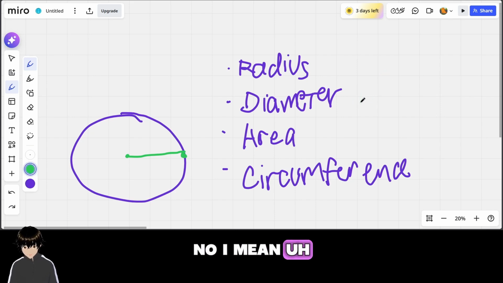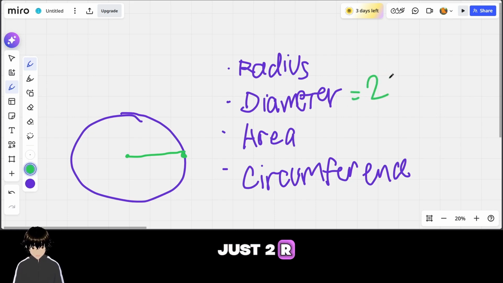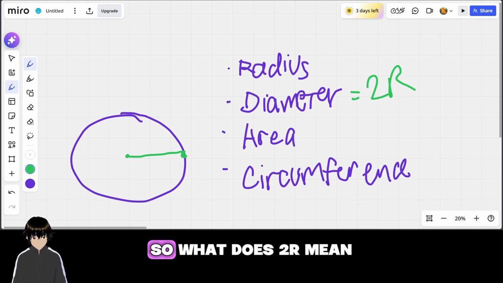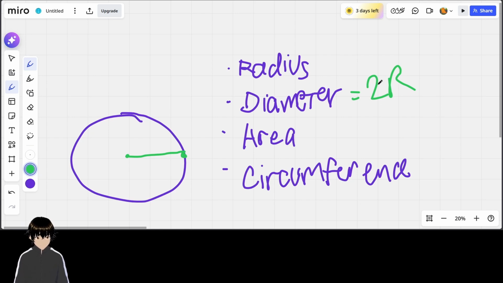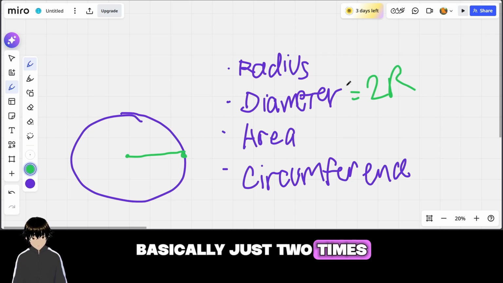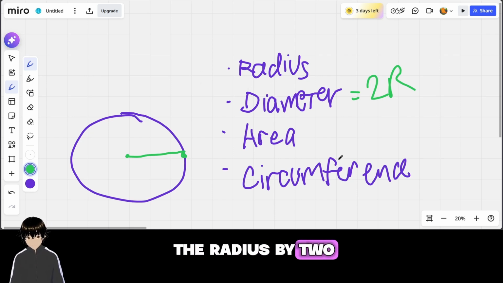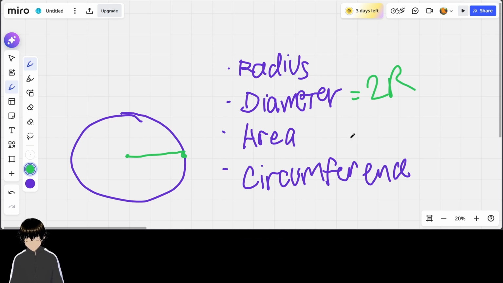No, I mean, it's actually just 2r. So what does 2r mean? Basically, just 2 times radius. You just multiply the radius by 2. That's going to be the diameter.